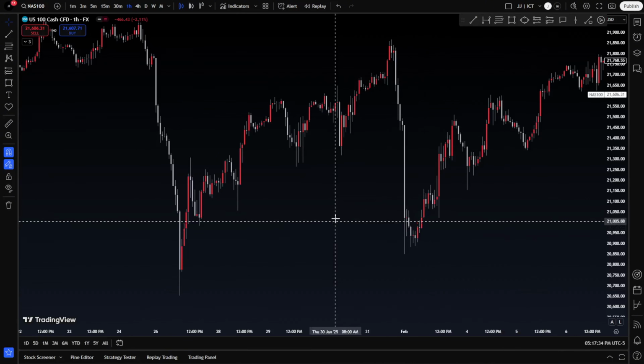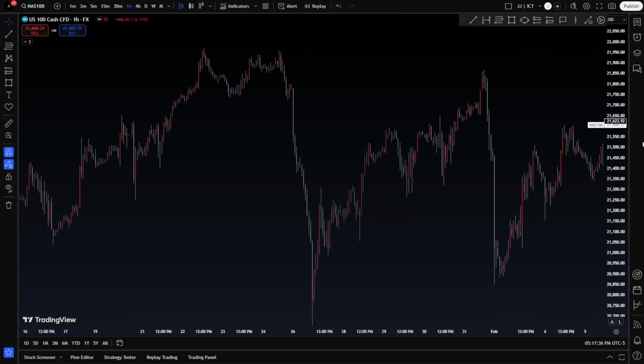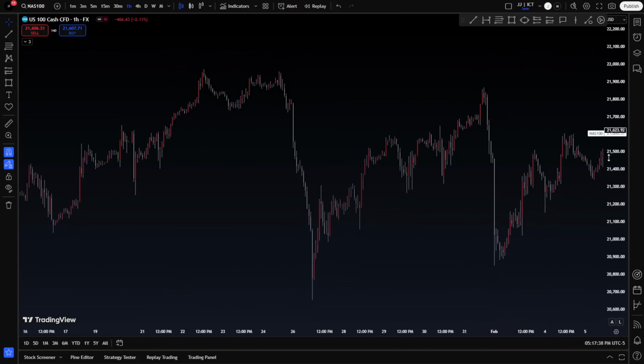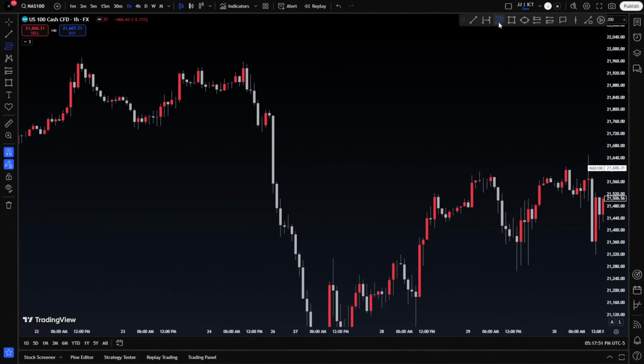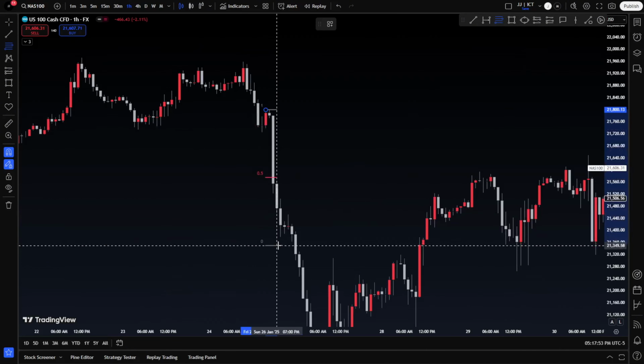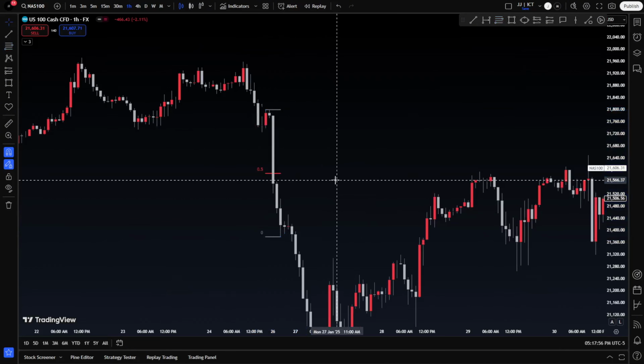Okay. So in order for you to find a dealing range and to actually draw one, you have to do two things. You have to look for buy side and sell side liquidity to be taken. Because for example, if we don't look for that, we can just say from this high here to this low, oh, that's a dealing range.